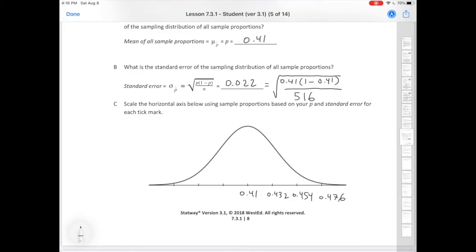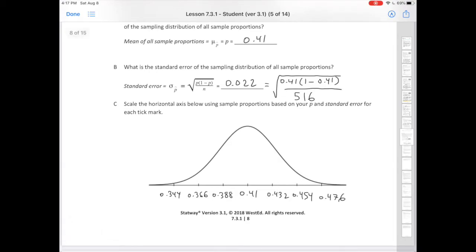And if I subtract 0.022 from this, I get 0.388. And if I subtract 0.022 from that, I get 0.366. And if I subtract 0.022 from that, I get 0.344. Okay, so this is what we get for the picture.